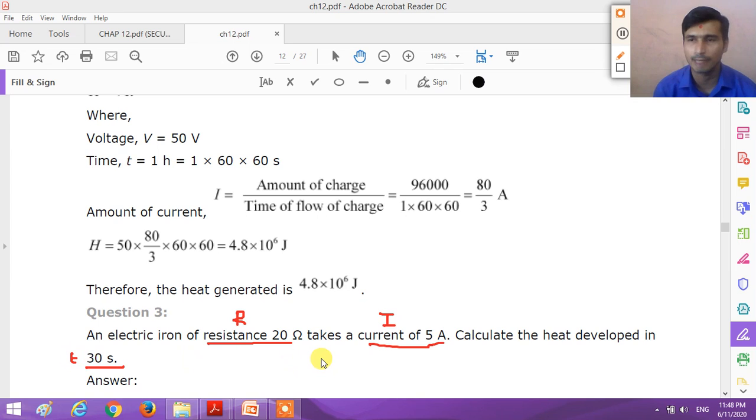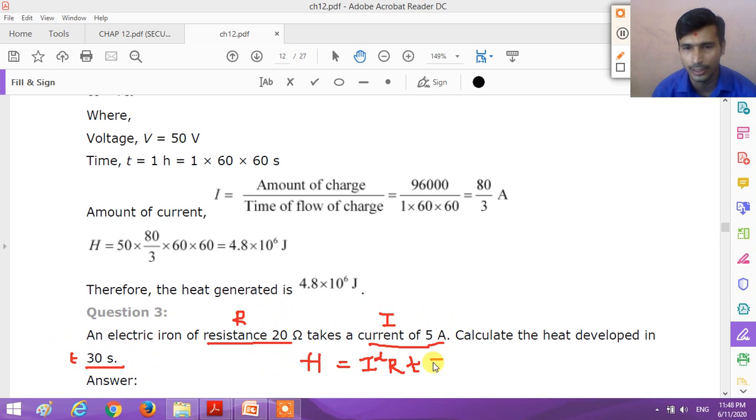So what amount of heat energy is produced through the resistor? The heat energy developed in the resistor we calculate by the formula H is equal to I square R T. The value of I we take as 5 ampere, value of R is 20, and value of T is 30 seconds.